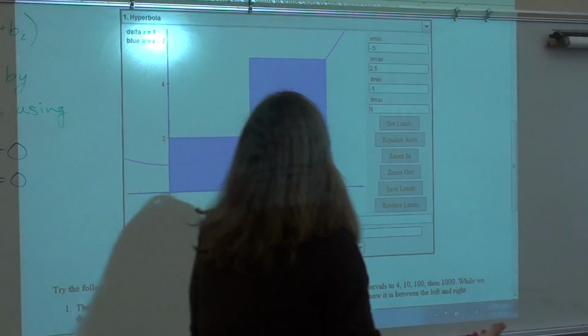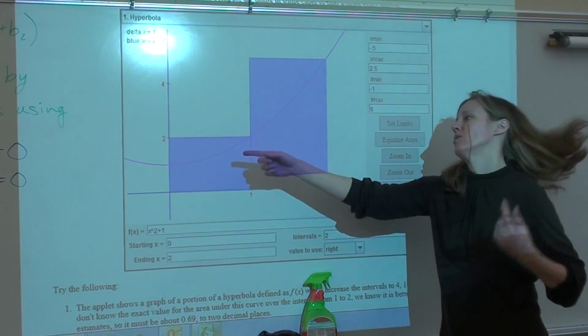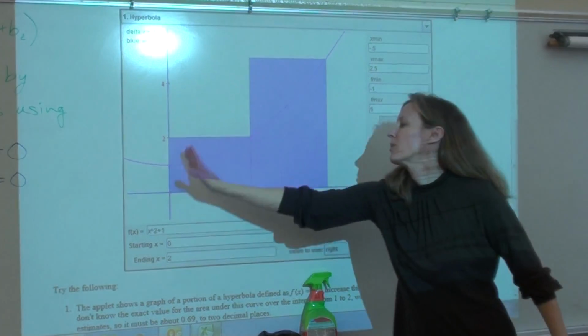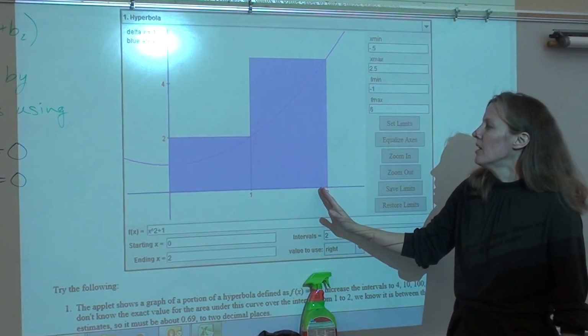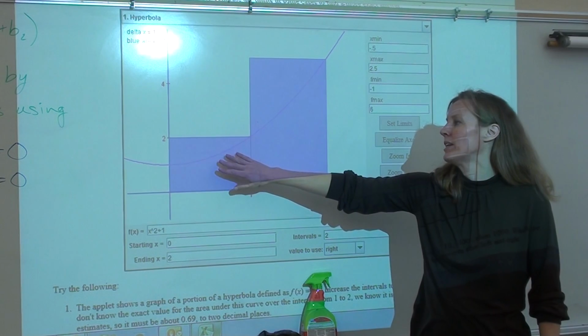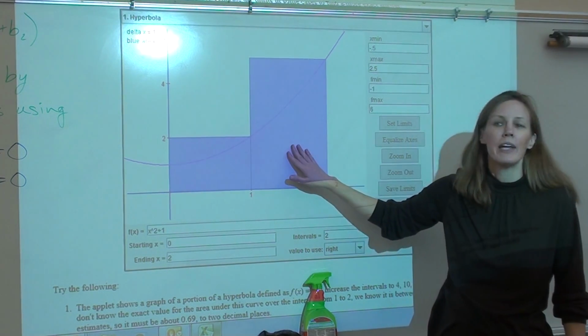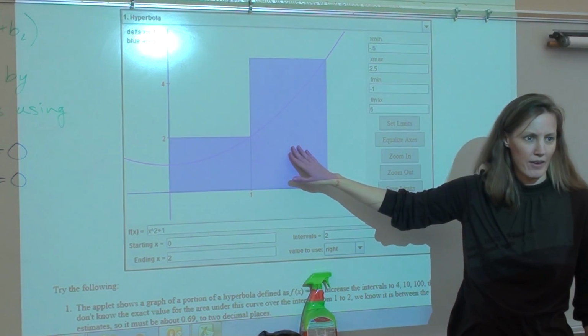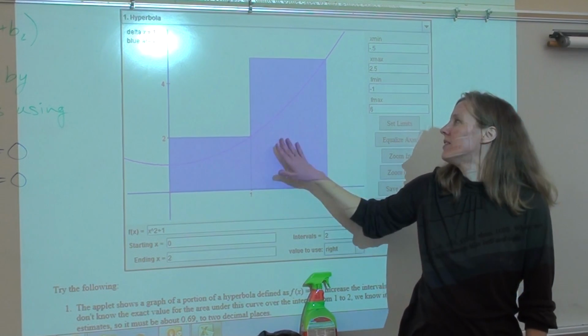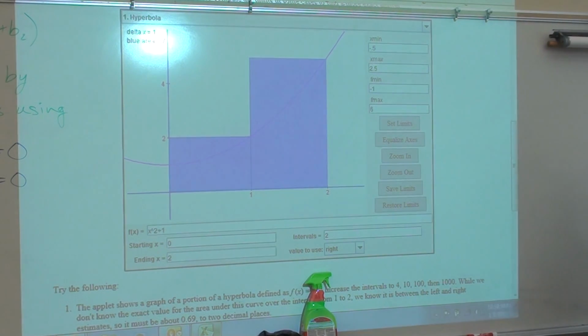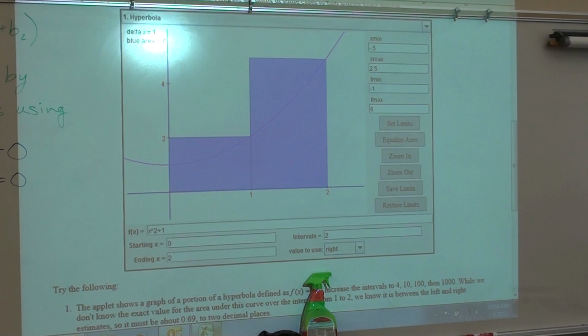So what we have here, this is the graph of y equals x squared plus 1 from 0 to 2, finding the area with 2 right-handed rectangles. Would you say that this is a fairly decent approximation for the area under this curve? No. Is there a way, still using right-handed rectangles, how could we make it a better approximation?